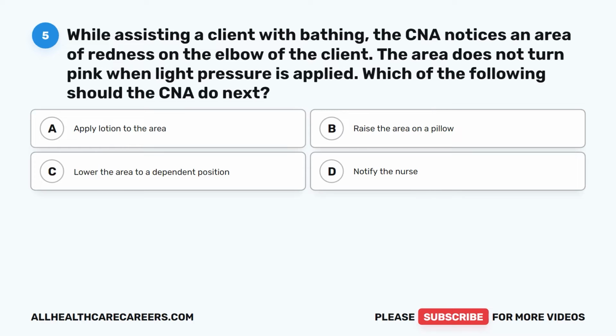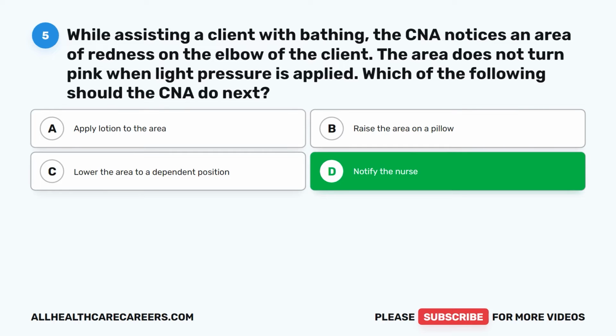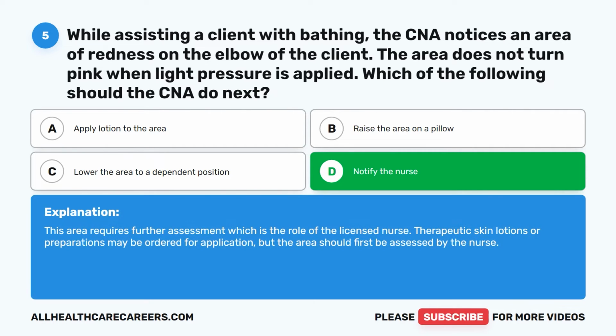C. Lower the area to a dependent position. D. Notify the nurse. The correct answer is D. Notify the nurse. This area requires further assessment, which is the role of the licensed nurse. Therapeutic skin lotions or preparations may be ordered for application, but the area should first be assessed by the nurse.